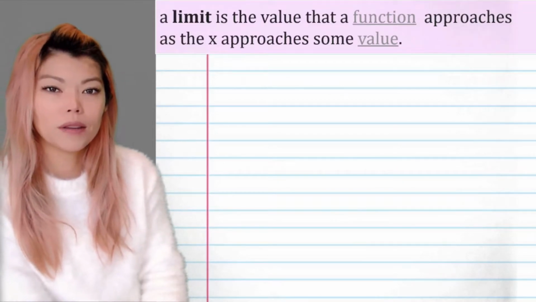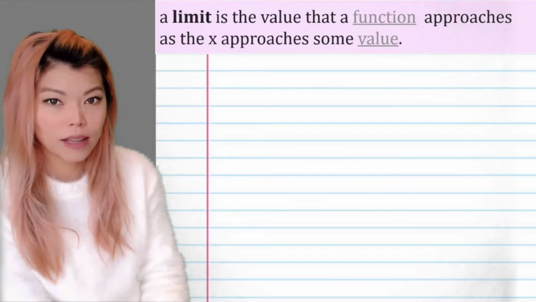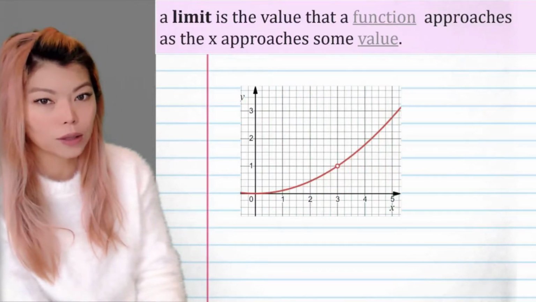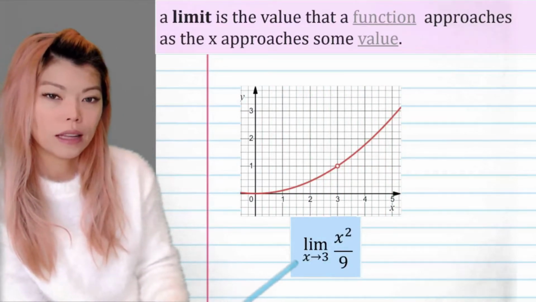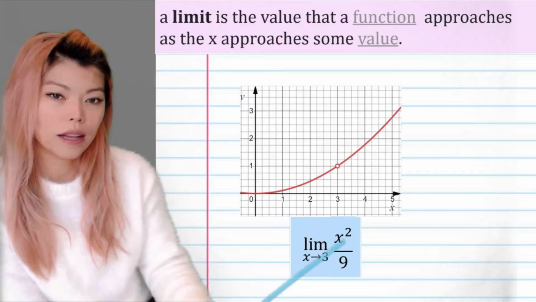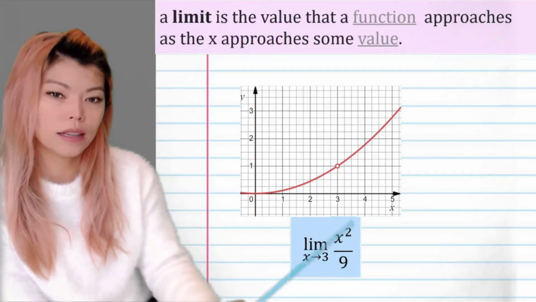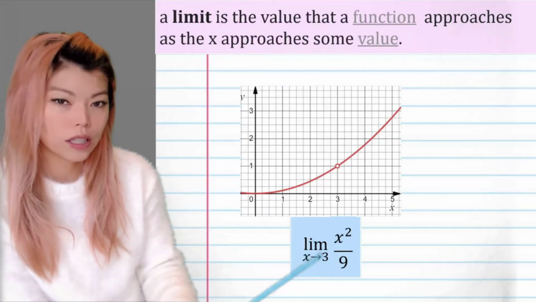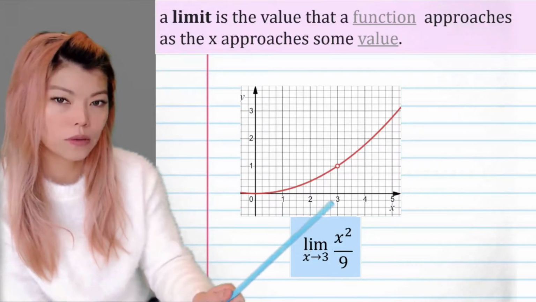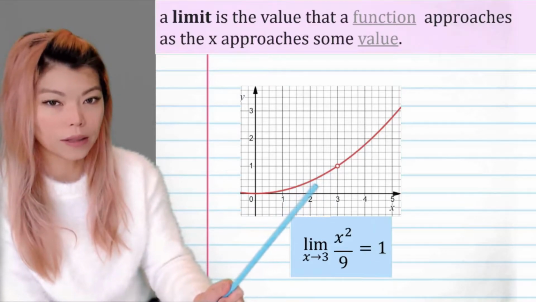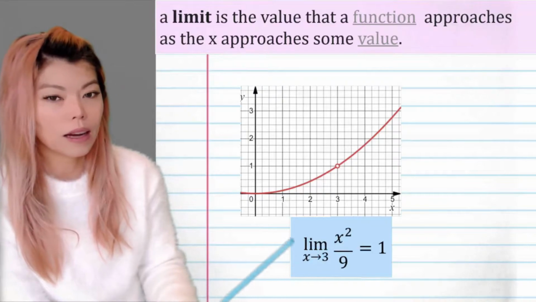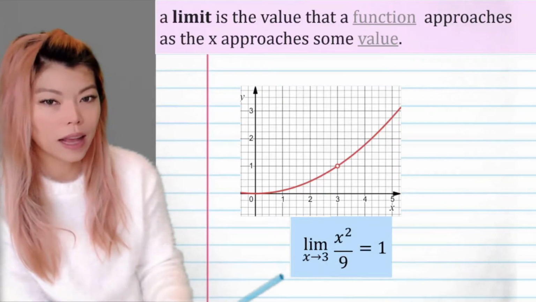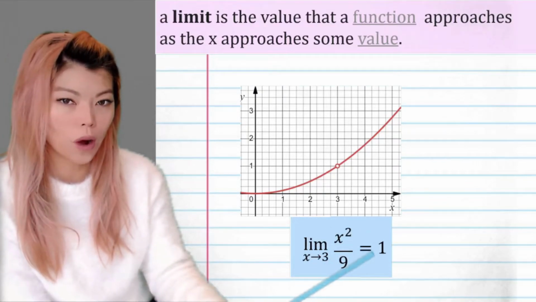So a limit is the value that a function approaches as x approaches some other value. So for this graph, the limit of the function x squared over 9 as x approaches 3, we said it was 1. So the limit of x squared over 9 as x approaches 3 is 1.